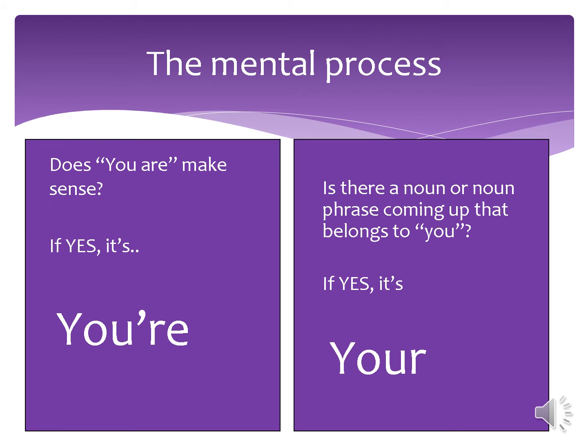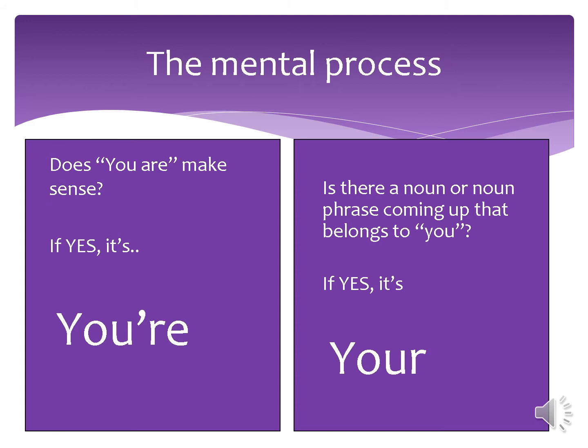Now, I've tried to summarize it in this little table. The way to think about it, or the mental process as I call it, is: does you are make sense? If it does, then it's Y-O-U apostrophe R-E.